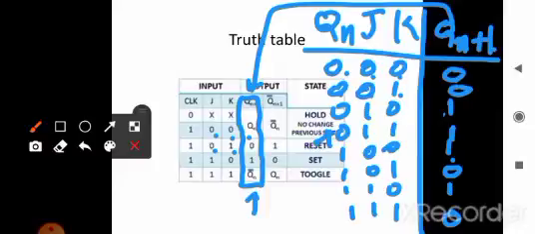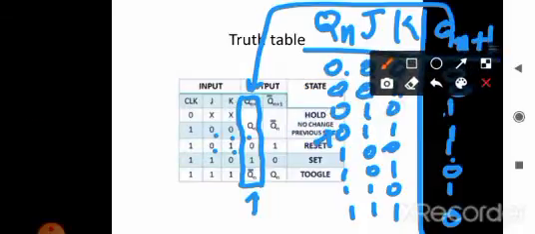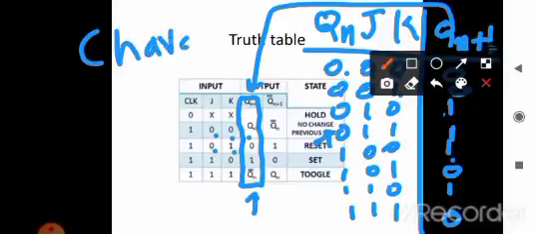So this is the characteristic table we get from the JK flip-flop. This is not the excitation table, this is the characteristic table.